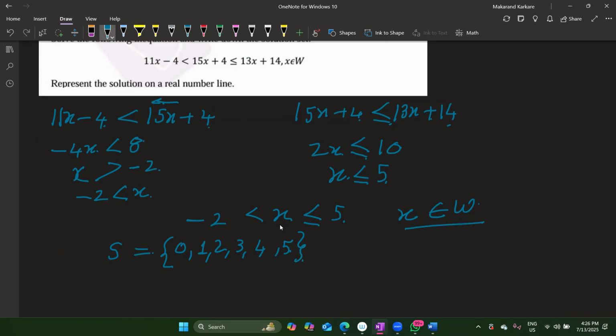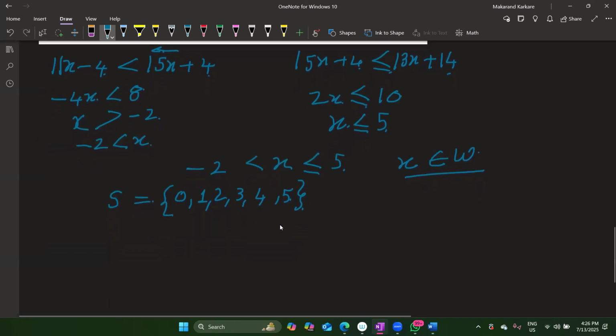Makes sense? And even if they ask you only to represent the solution on the real number line, I would very strongly suggest write your solution set. So they haven't asked for writing the solution set, but I would still go ahead and write this.